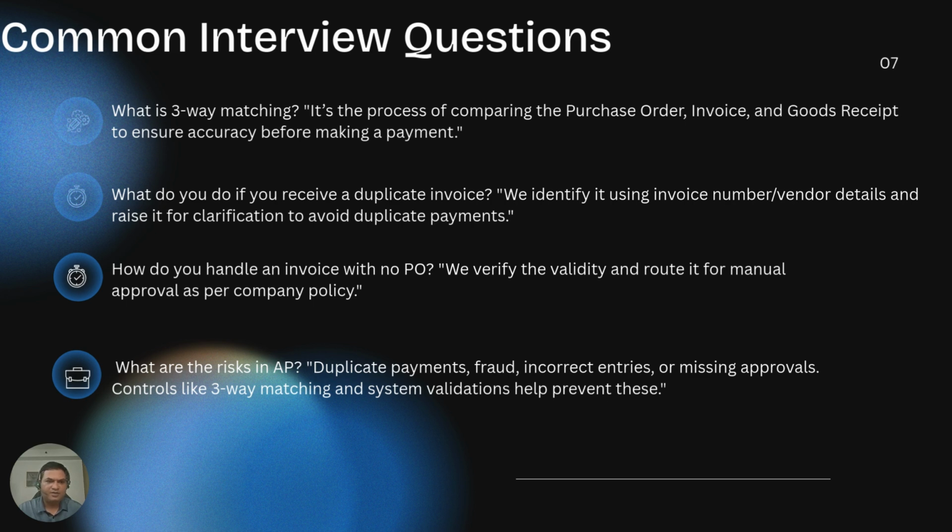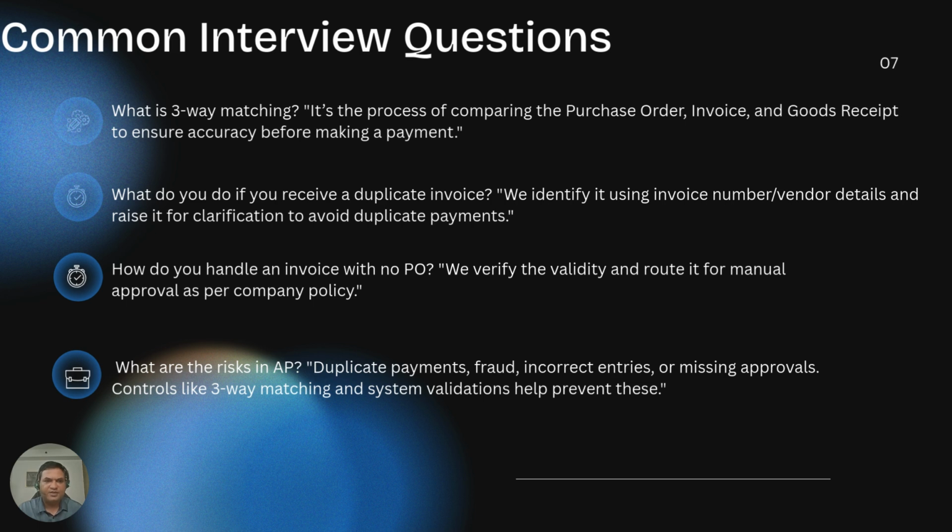So I'll repeat that question. How do you handle an invoice with no PO? The way you can answer is we receive, we verify and validate and route it to the manual approval process of the company, which means every organization has a process for managing such invoices.